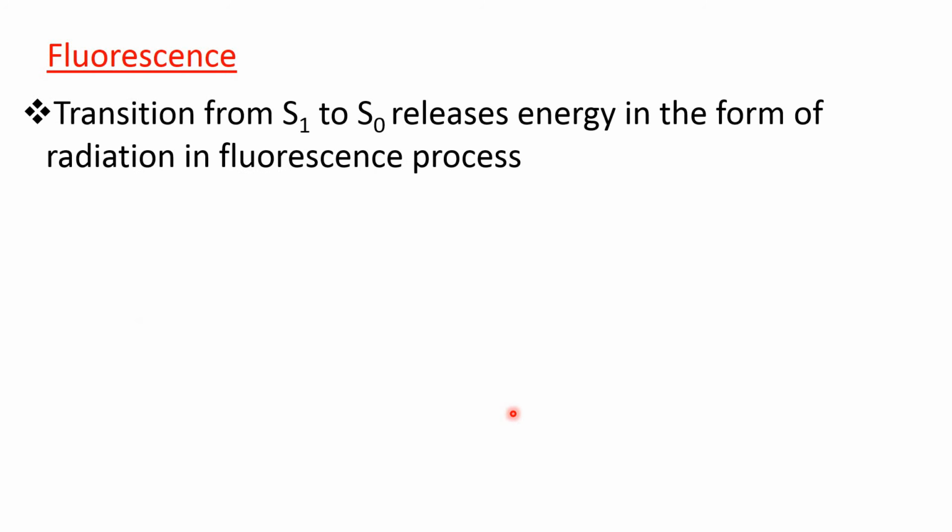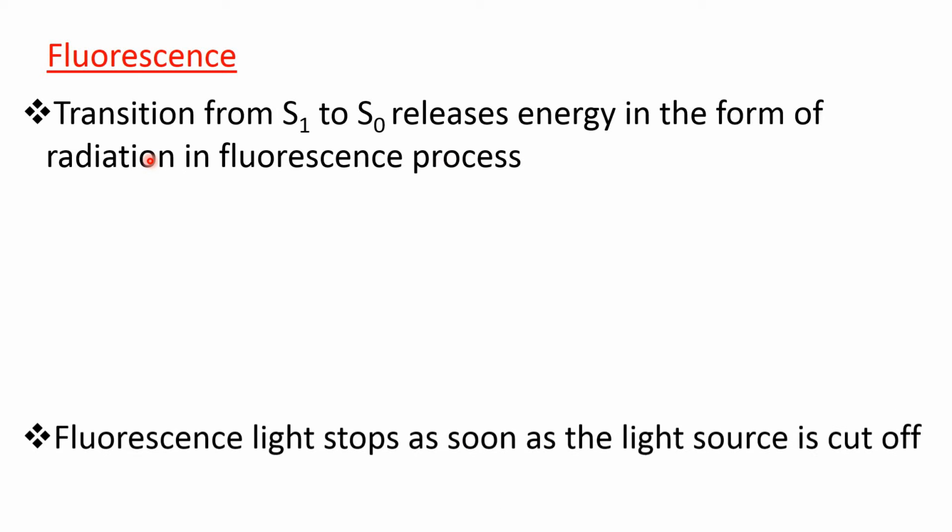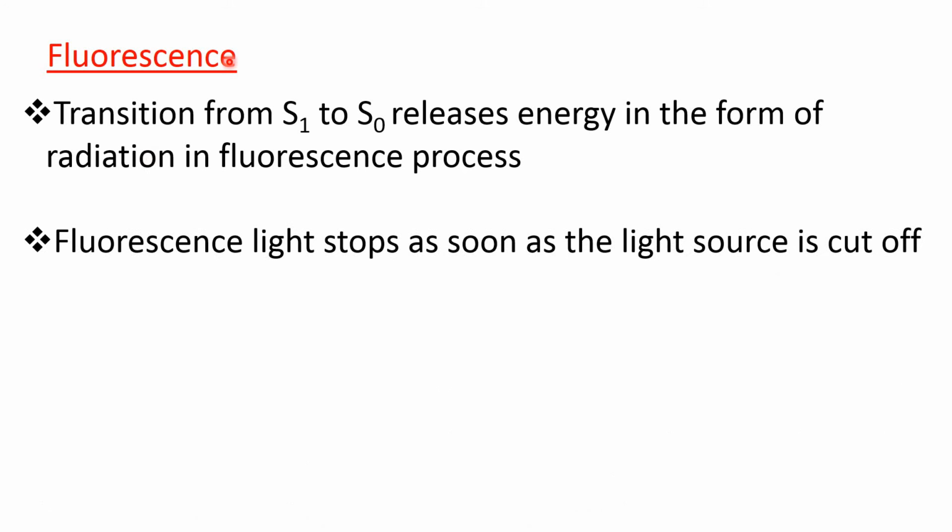Now coming to fluorescence. Already we have seen fluorescence transition is S1 to S0, and during this transition, the difference of energy between these two electronic states is released in the form of radiation, which is the fluorescence process. Fluorescence light stops as soon as the light source is cut off.